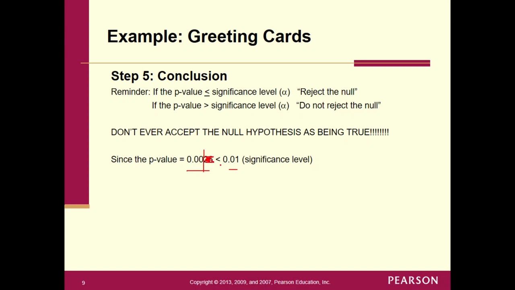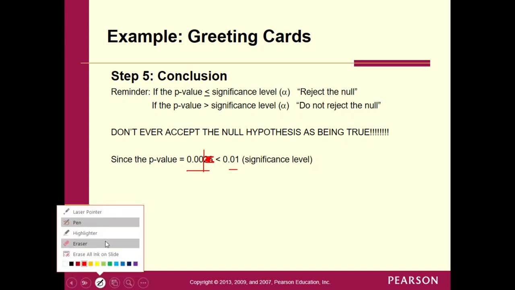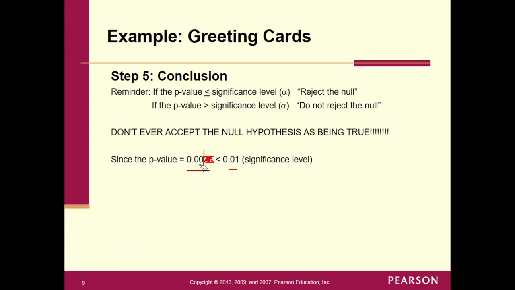It's 0.00, which is less than 0.01. That means it doesn't matter what values come after that. We know that the p-value here is less than 0.01. And so what are we going to do? We're going to reject the null hypothesis.